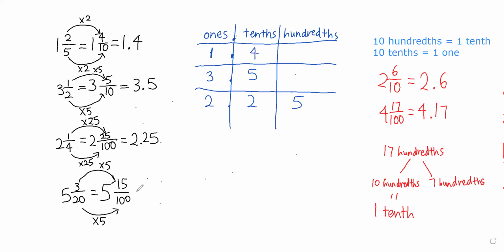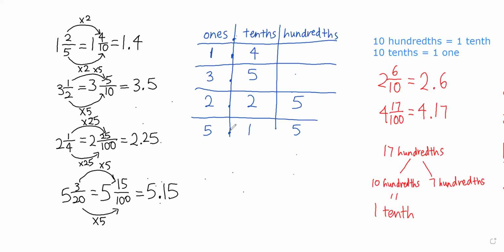Okay. So this is 5 ones. And I have 15 hundredths. 15 hundredths is the same as 1 tenth and 5 hundredths. And if I look at it in my place value chart, it will be 5 ones, 1 tenth, and 5 hundredths with a decimal point.